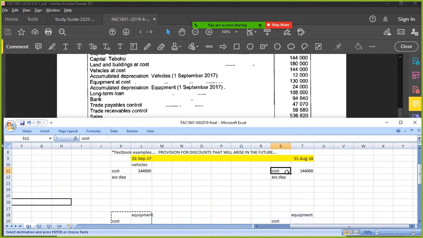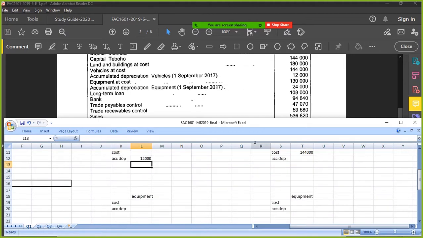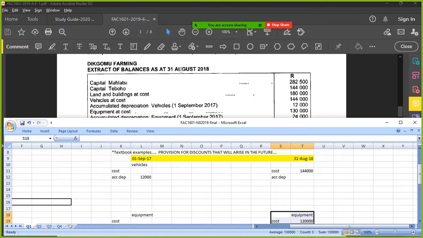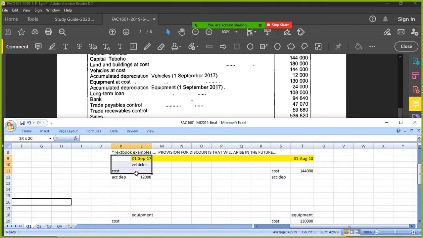This cost is at the end. This accumulated is at the beginning. So 12,000 here. Equipment at cost 130, depreciation 24. That does make a difference, because I might have to adjust those figures. So that's it, I've got everything. It's on my diagram. This was 31st August, yes, that's right. That was 1st September, yes.